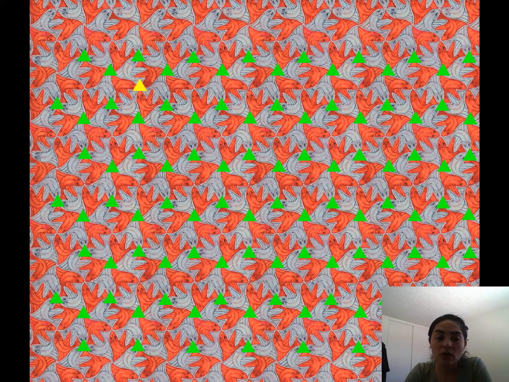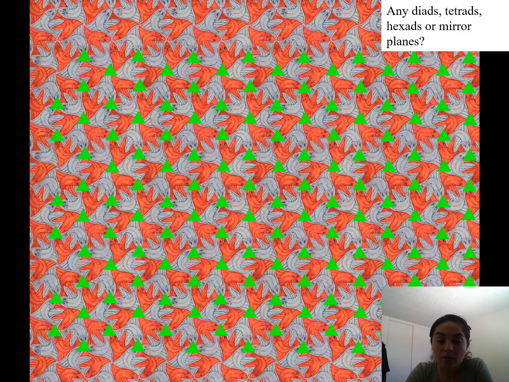The same 3-fold symmetry holds for the snout of the red fishes touching, and we see that they also have a 3-fold rotational symmetry. And the same goes with the fins of the gray fish. We try to account for all the symmetry throughout the pattern.